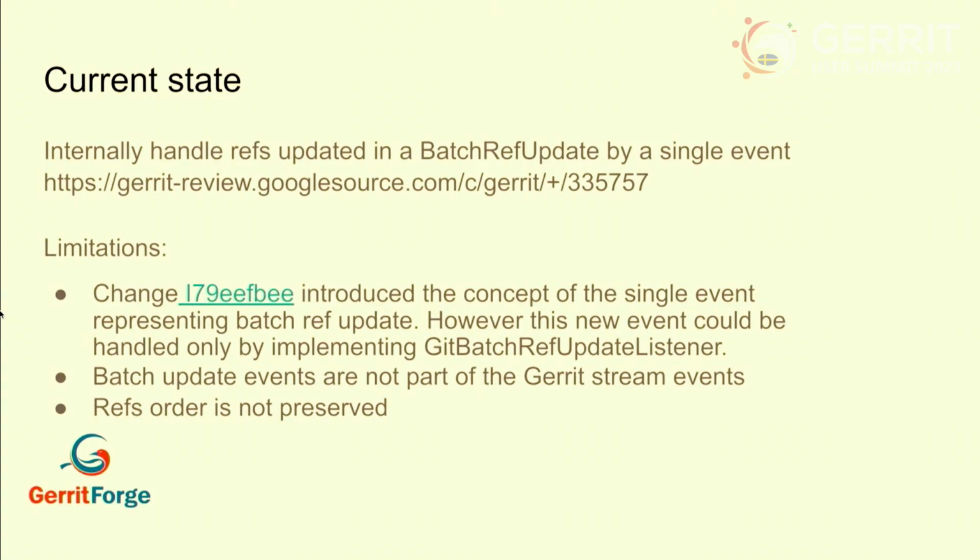This means that you cannot use the standard event listener way to listen to the internal Gerrit event bus and get those events. Another limitation is that batch ref updates are not part of Gerrit stream events. This means that you cannot listen to them from external systems. And the last one is that the ref order is not preserved.